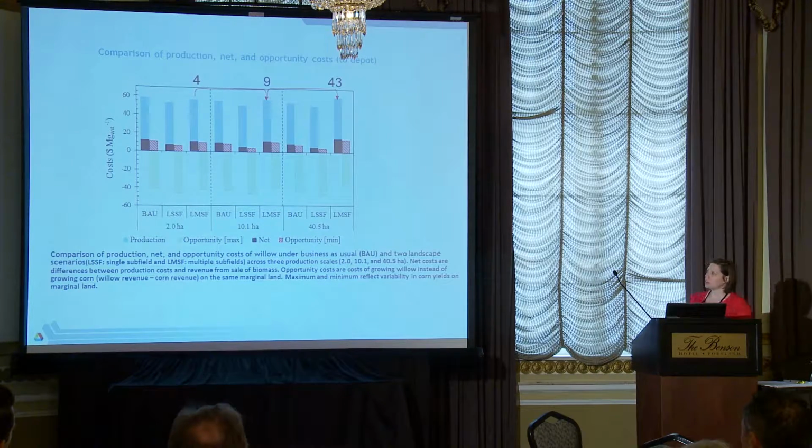If you look at our multiple subfields, you have an increase in production costs as production scale increases, and this is primarily due to an increase in transportation distance. These numbers indicate the number of fields included in each analysis, and it's an exponential increase in fields, based on the analysis of the size and the number of fields within our watershed system.